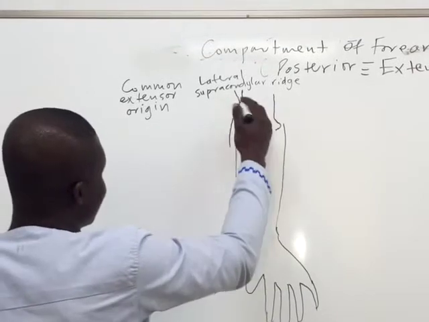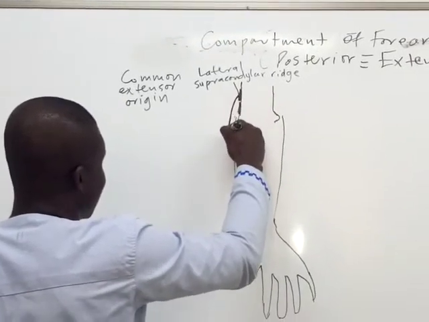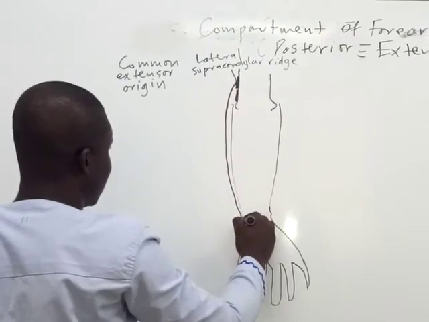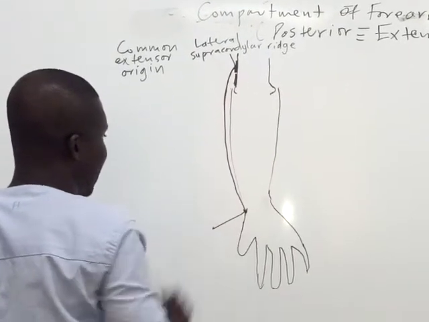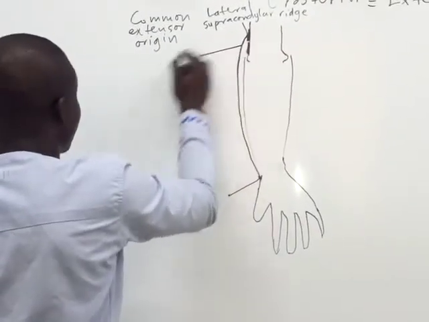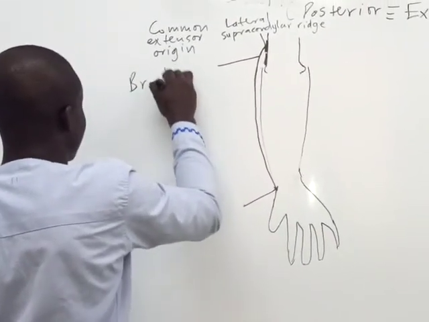This muscle comes all the way and inserts into the styloid process of the radius. So that muscle is known as brachioradialis.